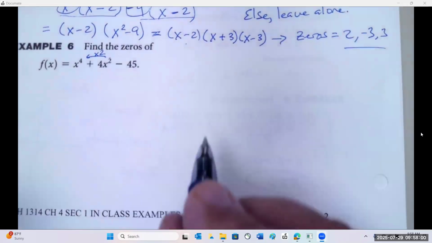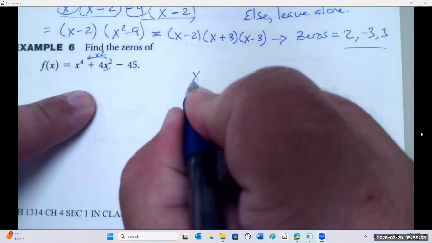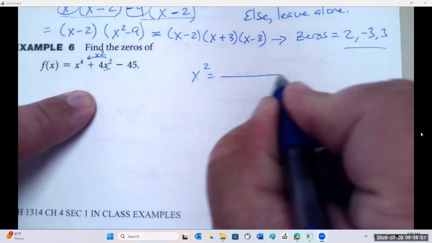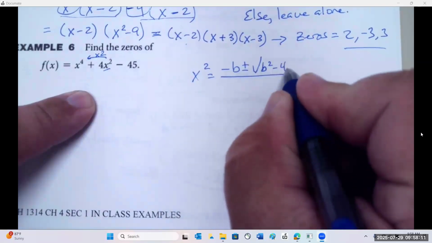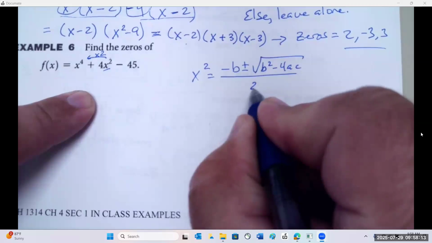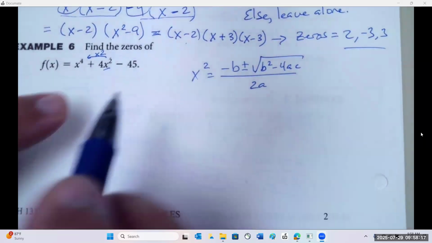If you do the quadratic formula, you're solving for the middle x. So you would have x squared equals negative b plus or minus the square root of b squared minus 4ac over 2a. You remember, you're solving for the middle x, so you have to solve for this.